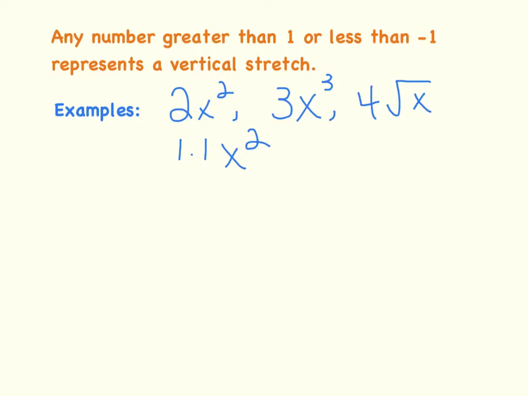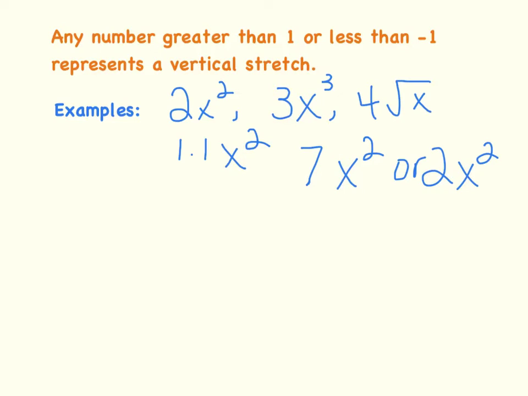Now, the further away this number gets from 1, meaning is it going to be positive 7x squared or 2x squared? 7x squared would be more narrow than 2x squared.